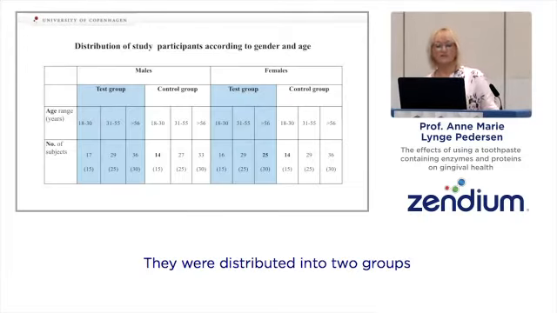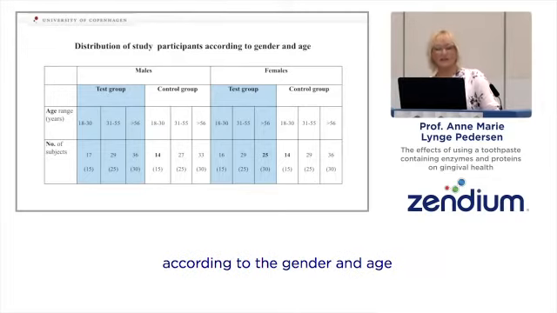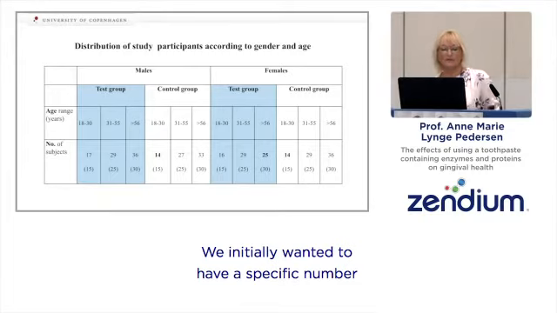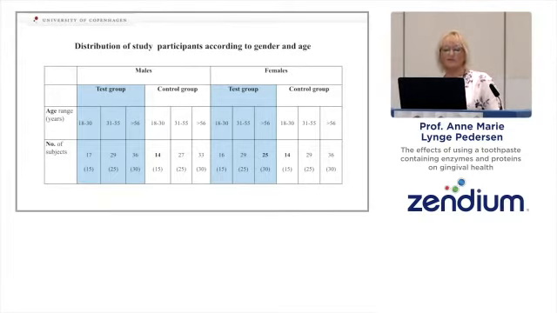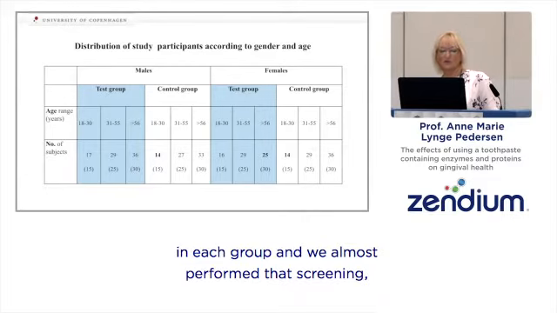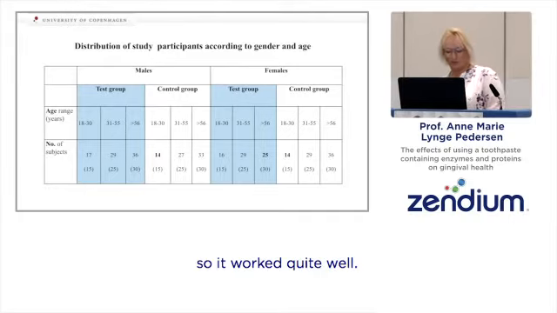They were distributed into 2 groups according to their gender and age, and you can see the distribution here. We initially wanted to have a specific number in each group, and we almost achieved that by the screening. So it worked quite well.